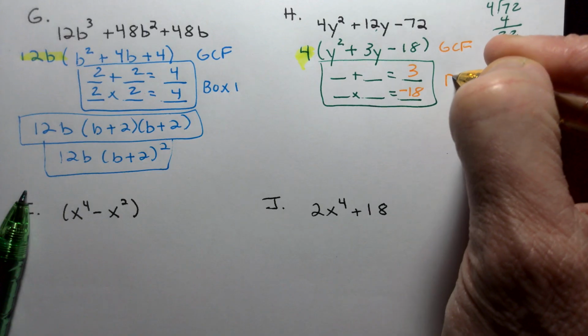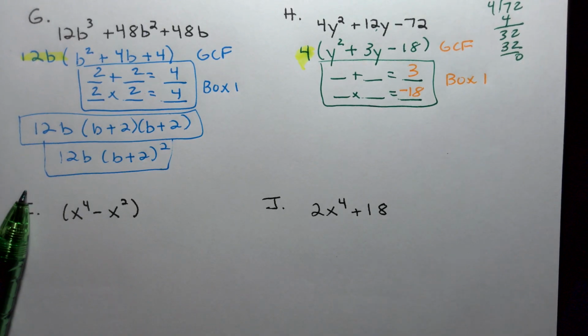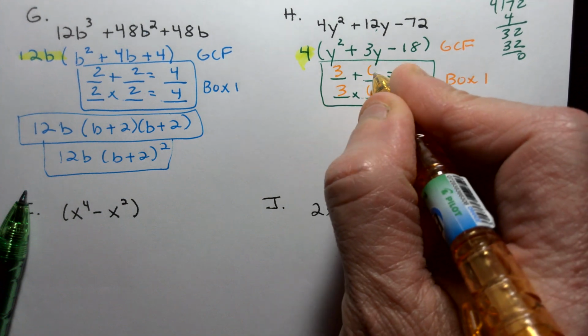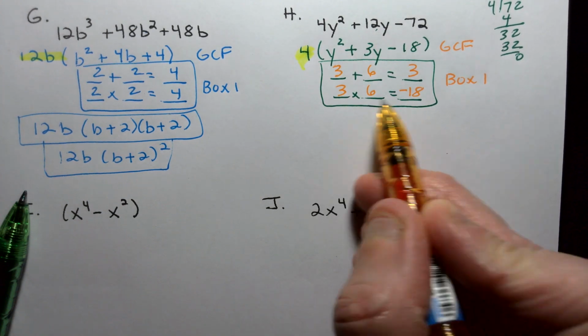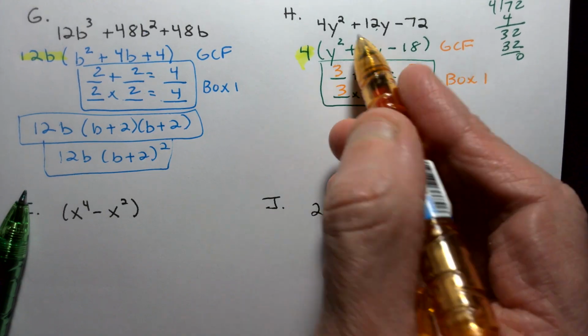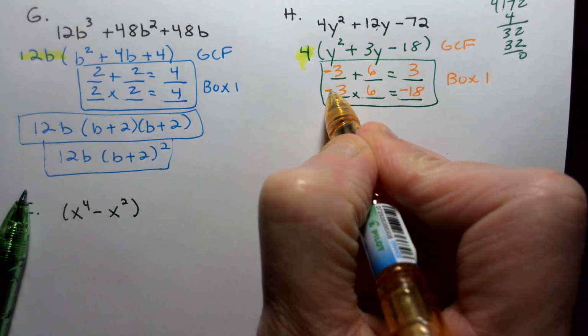GCF, box 1. 1 and 18, 2 and 9, 3 and 6. That might work. Let's try that. 3 and 6. Well, to be negative, one of those has to be negative, and for this to be positive, it's going to be the smaller one that's negative. So it does work.